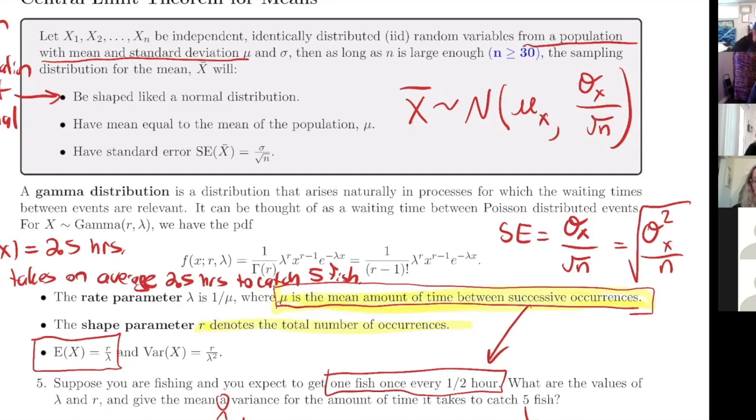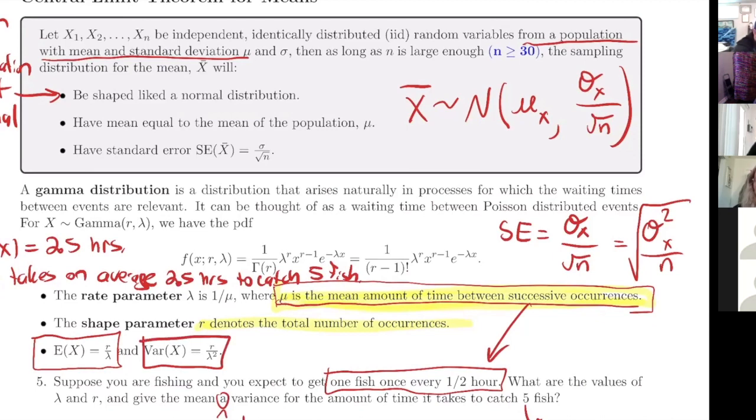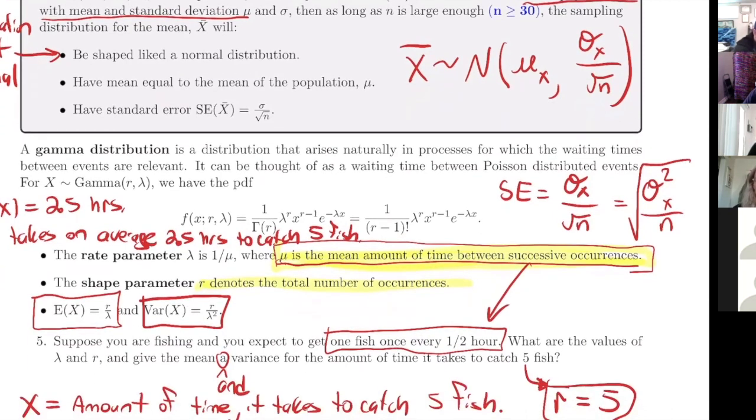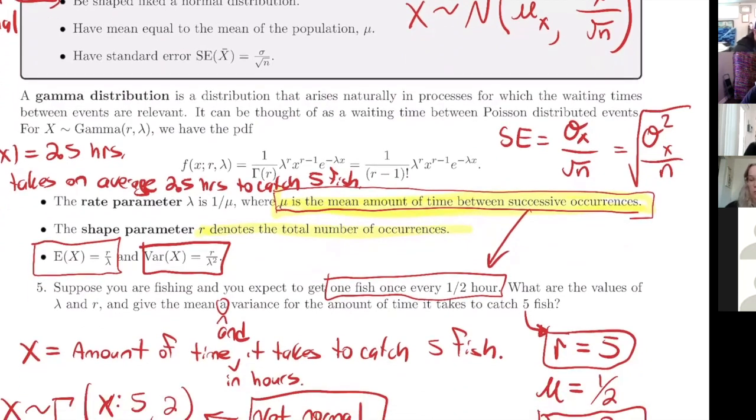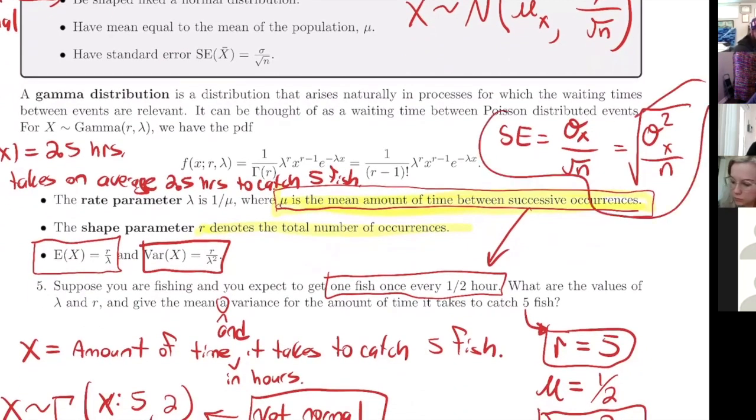So depending on whether you're given the standard deviation of the population or maybe the variance of the population, you could use either of those. So we've got a formula for the variance over here for gamma distributions. So again, go ahead and give it your best shot to calculate what you think the standard error would be for this case and chat it in to me when you think you've got it.